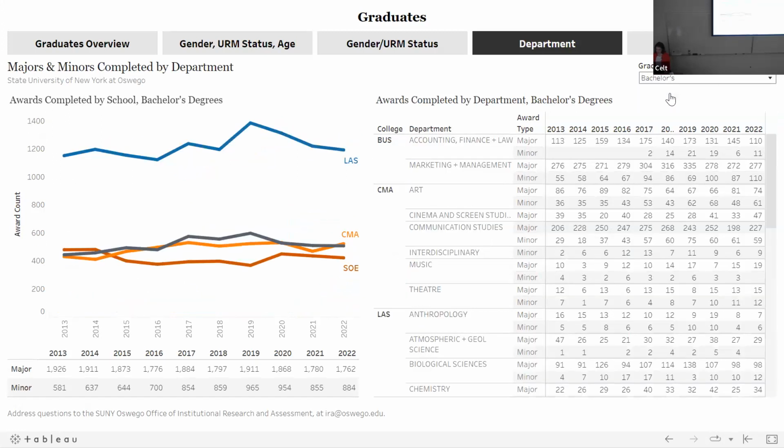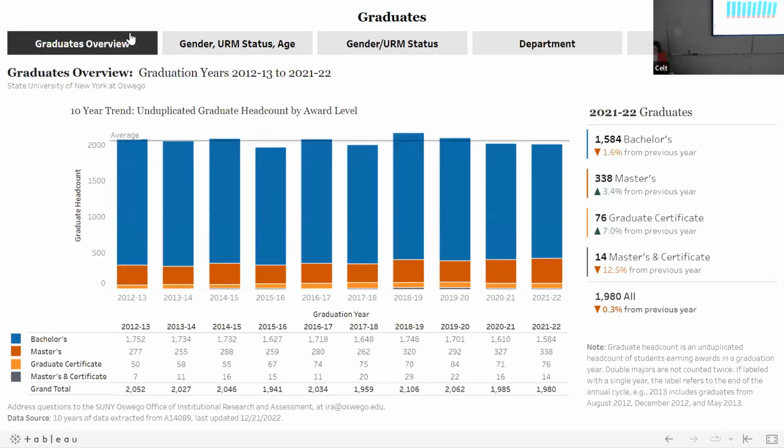This is really one of the main benefits of using interactive dashboards: it allows you to zoom in as much as you want, aggregate, disaggregate, and look at the intersections of the data as you need. If there's something you want to see about graduates that isn't here, you can always contact me.